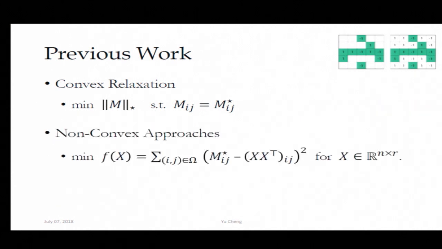But magically it works. In this talk, I'll focus more on the non-convex approach, which is very natural, where you just minimize the sum of the square loss on all the observed entries. Ideally, you want the Frobenius norm, but if you don't observe an entry, there's nothing you can do.